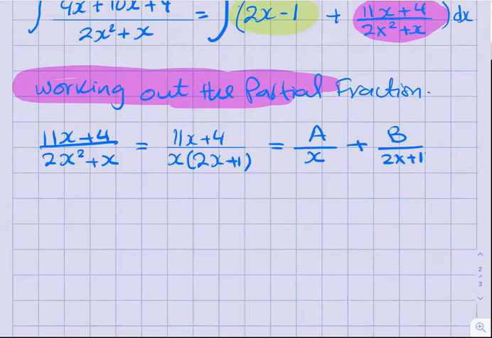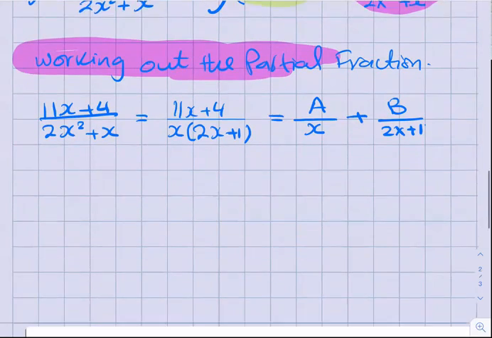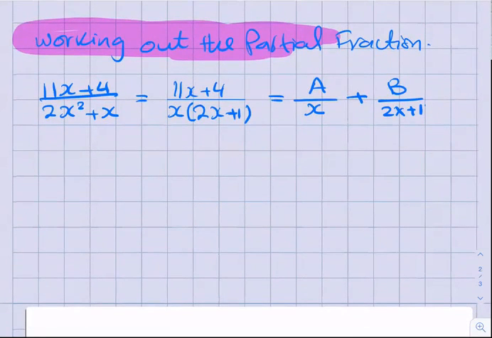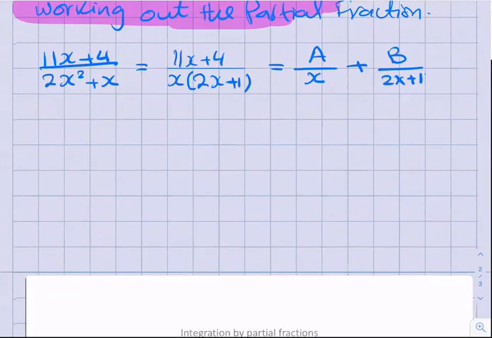So b over 2x plus 1. Now the denominators are both the same. So to make a long story short, it's 11x plus 4 equals a times 2x plus 1 plus b times x, which is bx, right?